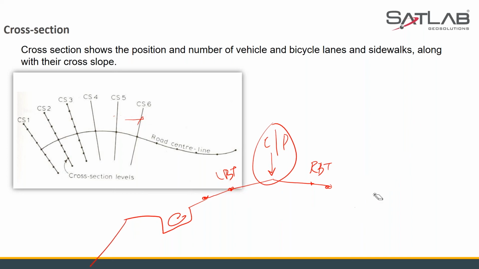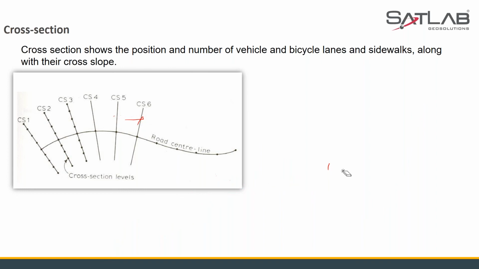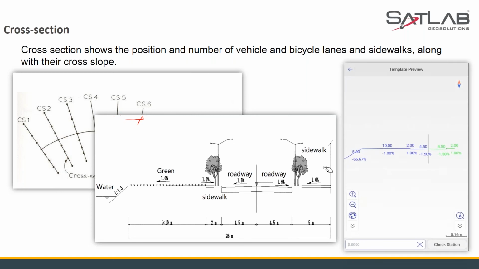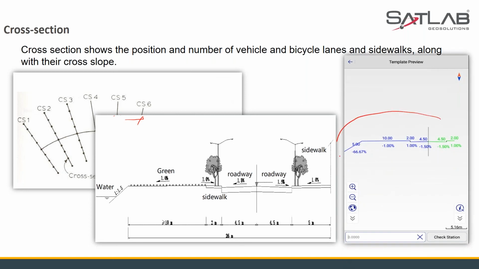Then there comes the shoulder, and after the shoulder comes the drainage part here. This is my drain. This is my carriageway. This is my crown over here. So this is my ideal cross section. And then there come the cut and fill slopes. It depends how you're designing the cross section. Okay, let's drop it. That's it.